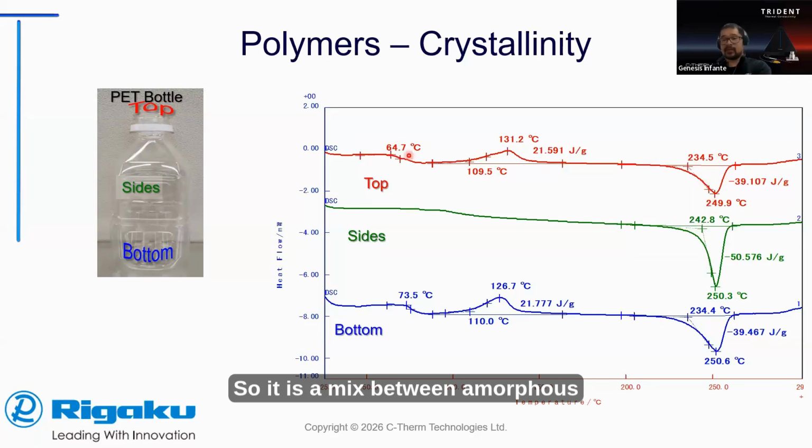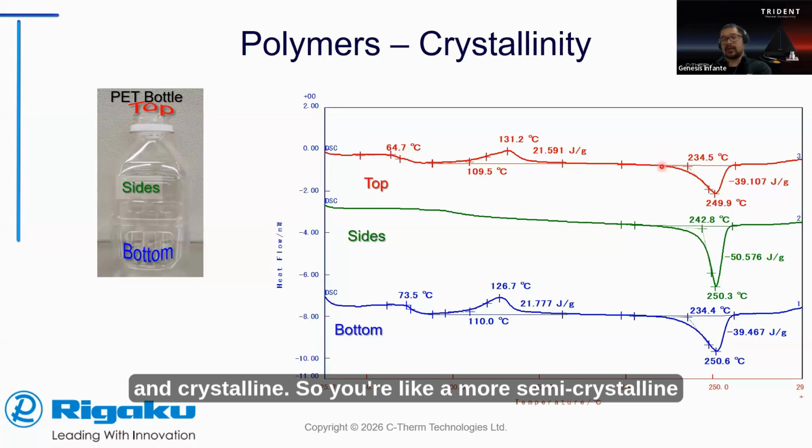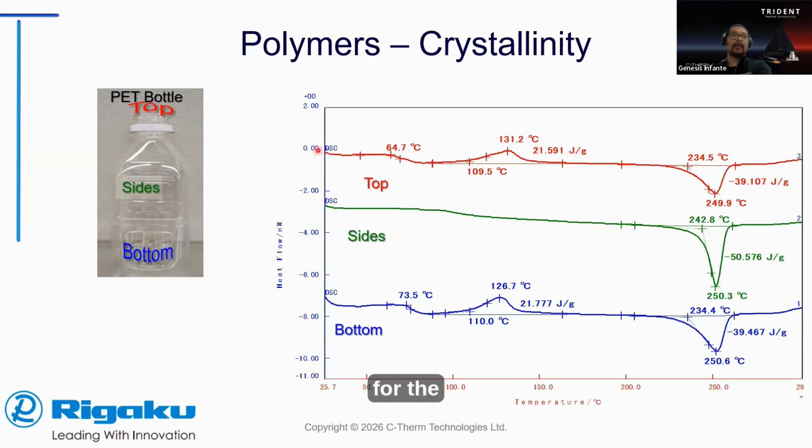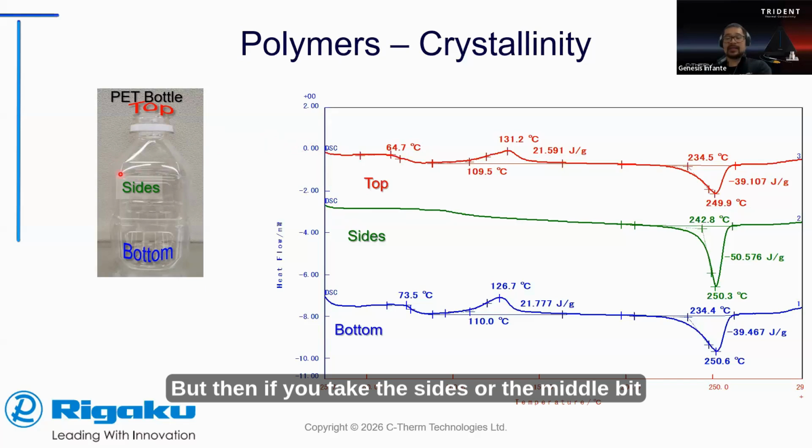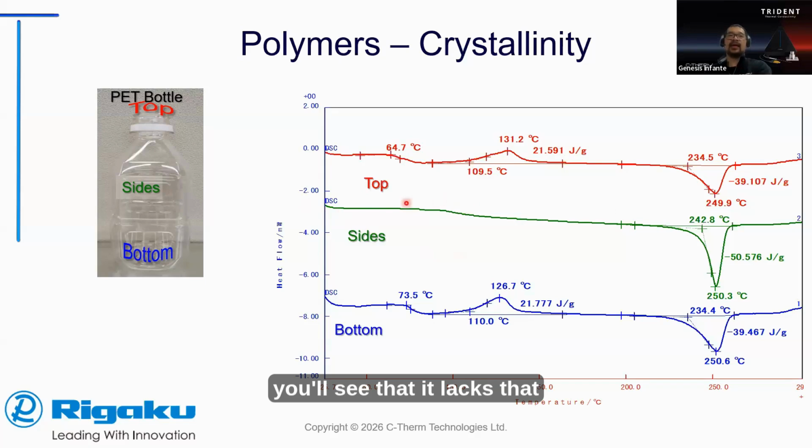So it is a mix between amorphous and crystalline, a more semi-crystalline type for the top. But then if you take the sides or the middle bit of the bottle and do the same measurement, you'll see that it lacks that amorphous character and has more crystalline characteristics in general. But then you take the bottom, and it's actually identical to the top.